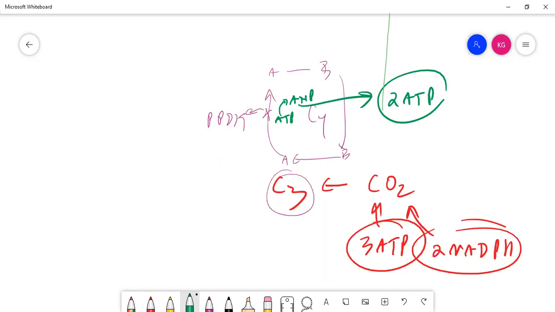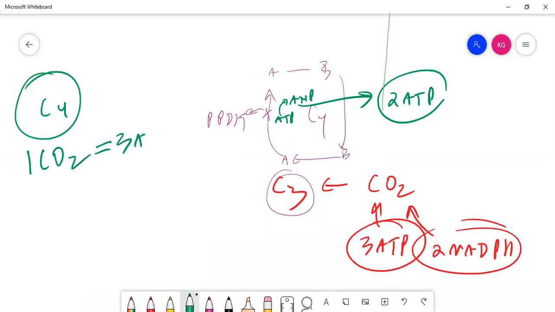So C4 cycle की cost क्या हो जाएगी? C4 cycle के through if you have to fix one CO2, that would be equivalent to what? 3 ATP plus 2 ATP. This is what? 5 ATP plus 2 NADPH.